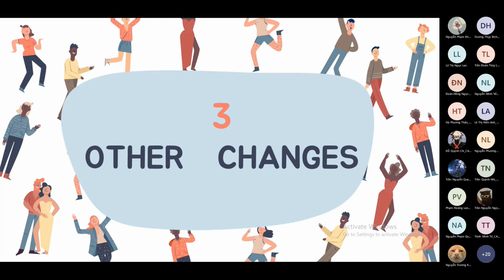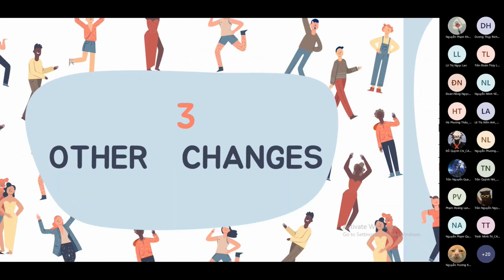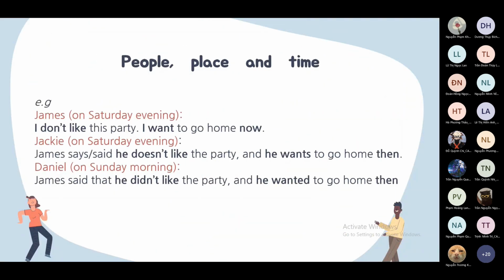There are some other changes in a reported sentence that need to be focused on. First is about the change in people, place, and time. When we report something, we have to take account of changes in the situation, a different speaker, a different place, and a different time.